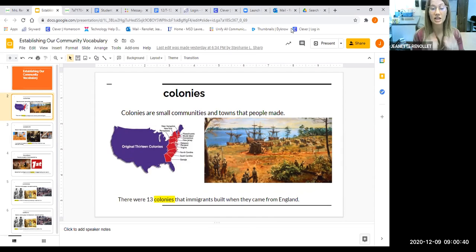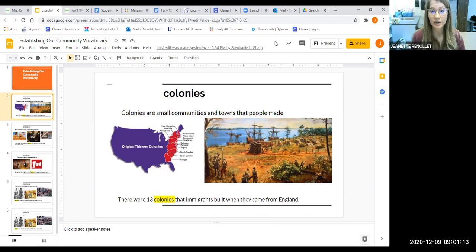I want you to say the word, the definition, and do the motions with me. Are you ready? Colonies. Colonies are small communities and towns that people made. So after the Pilgrims came over on their ship called the Mayflower, more immigrants came from England and came into this land.